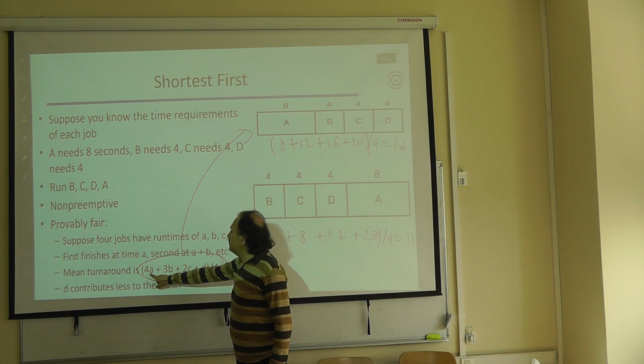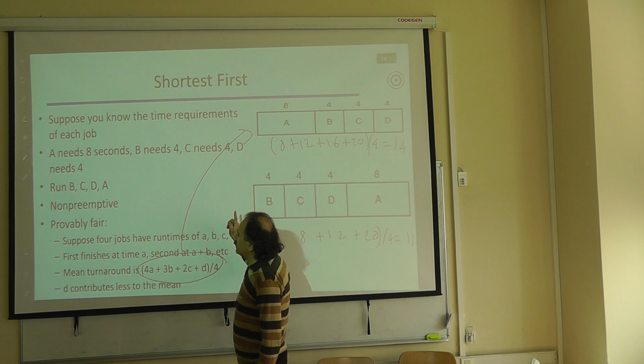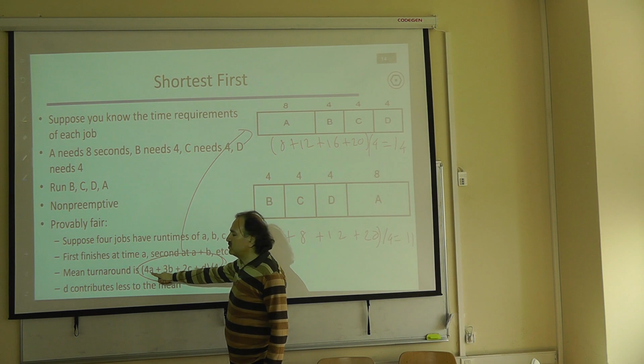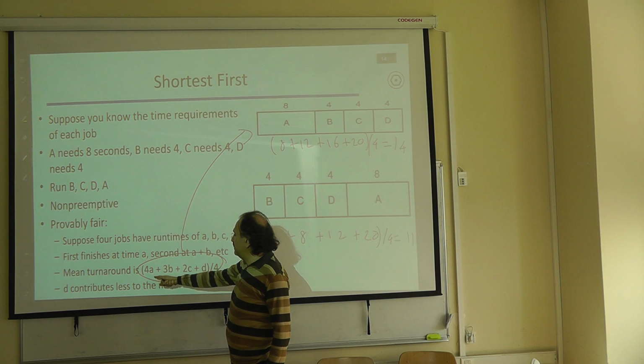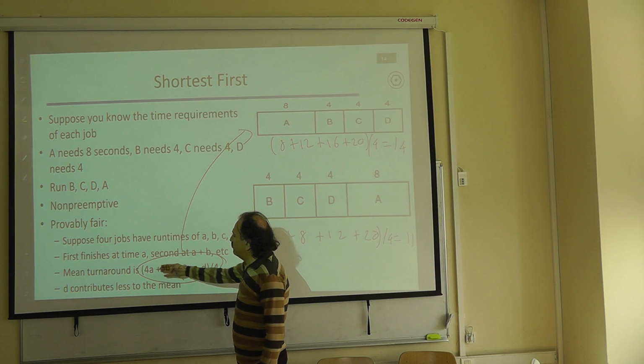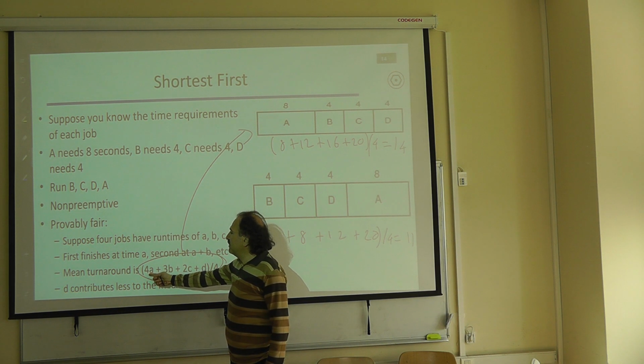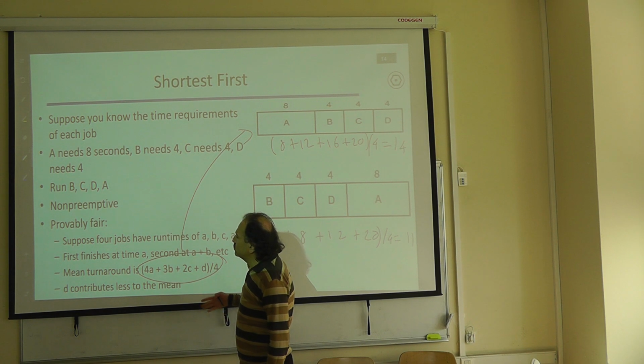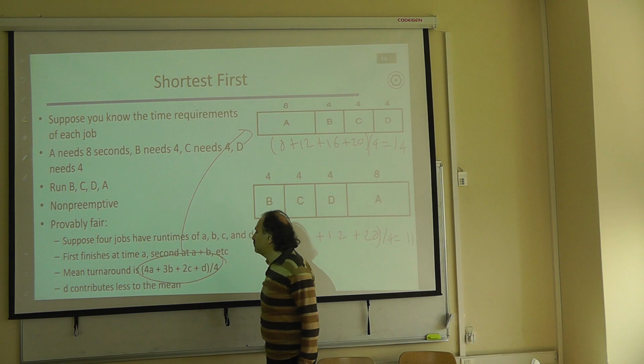It is 4 times A because the last task has to wait for A to finish, and the second task, and the third one, and the last one, and the first one. So for each task, A has to finish. So it increases my turnaround time.